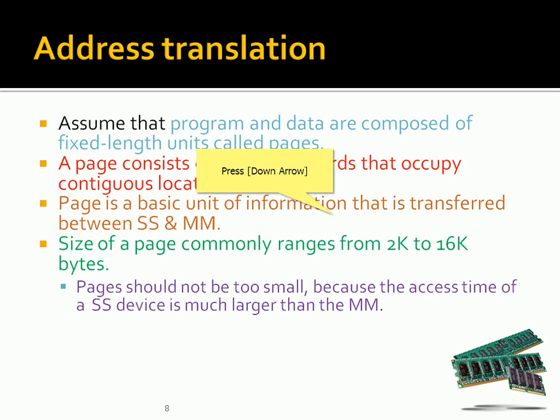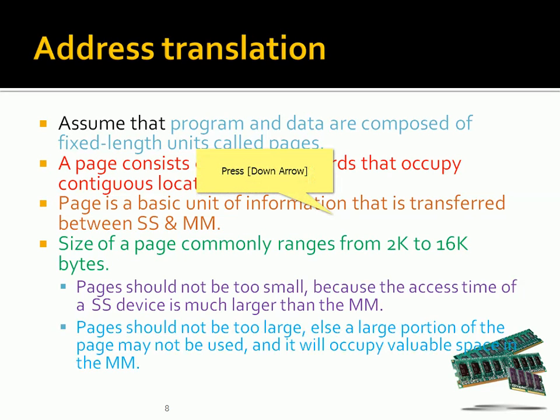Secondary storage is an electromechanical device, so it is inherently slow, right? That's why the page should be of moderate size. The pages should not be large, else a large portion of the page may not be used and it will occupy valuable space in the main memory, right?